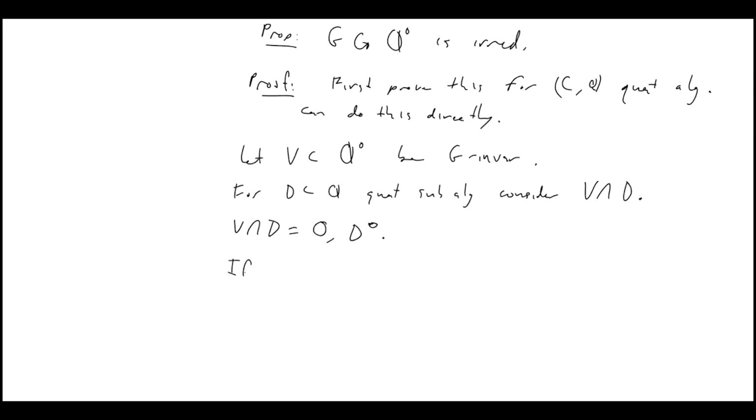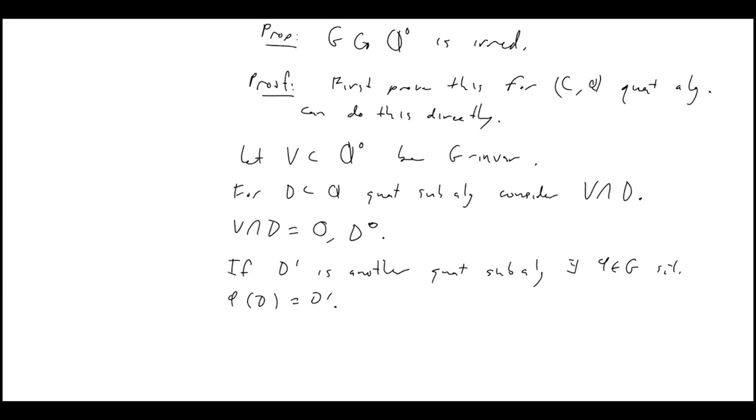If D prime is another quaternion subalgebra, we know that there exists something in G such that phi of D is equal to D prime. We just have to choose special pairs, and then we can map the special pairs to each other. So the quaternion algebras will go to each other.